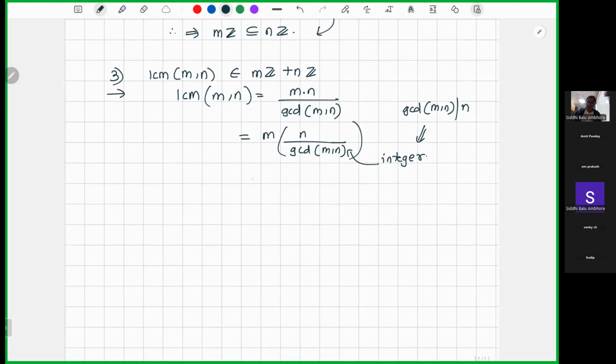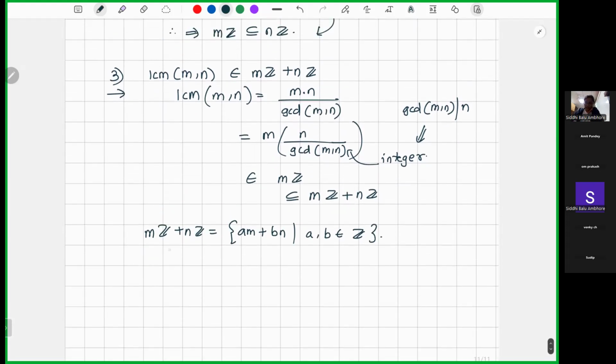So this belongs to MZ. And the moment it belongs to MZ, this MZ is contained in MZ plus NZ. I hope you know what this is. This is aM plus bN such that a comma b belongs to Z, for this group.